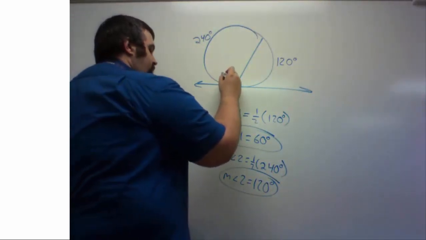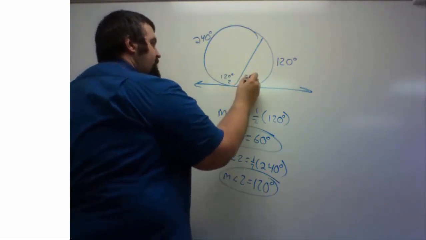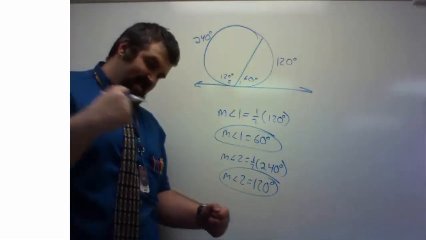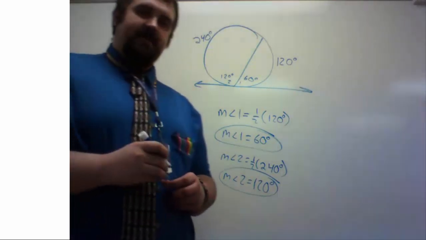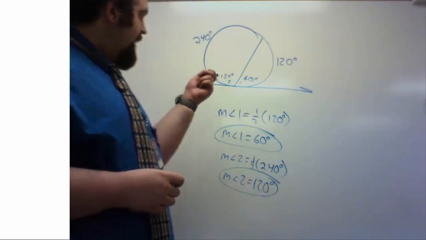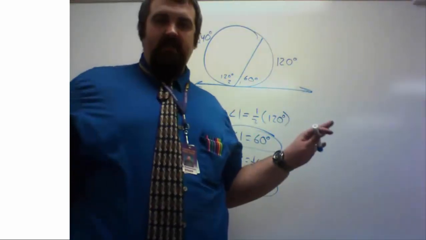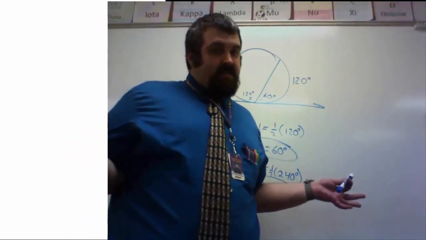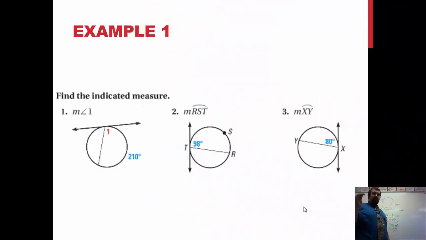This is 120 degrees, this is 60 degrees. Does 120 plus 60 equal 180? Yes! This theorem works. So if it lands on the edge of the circle, it's strictly half of the arc. That's the rule.